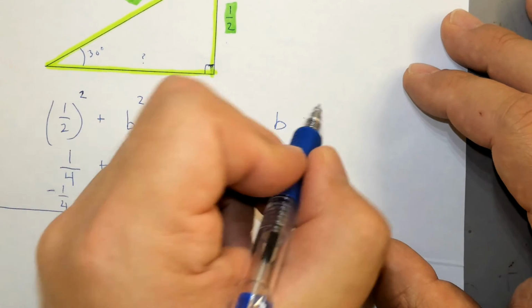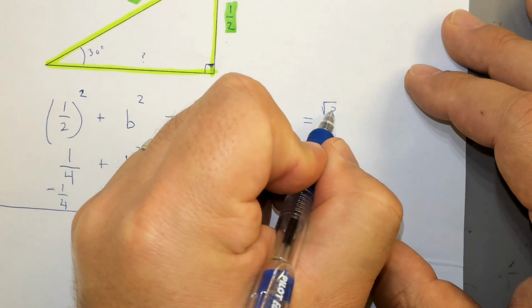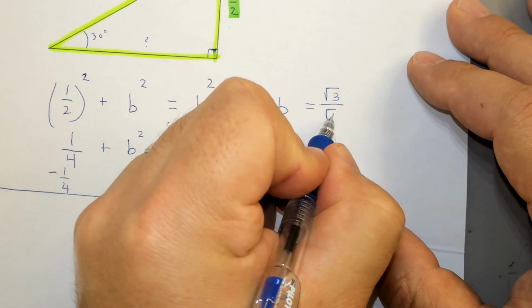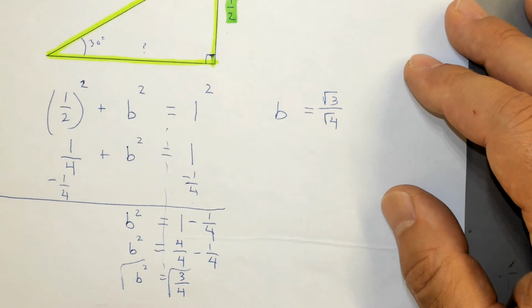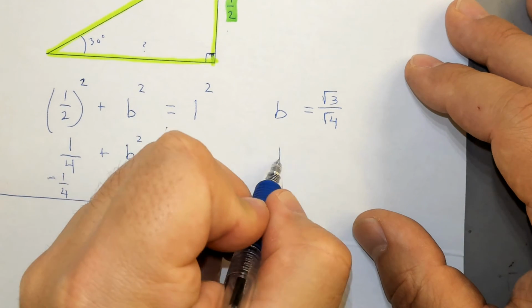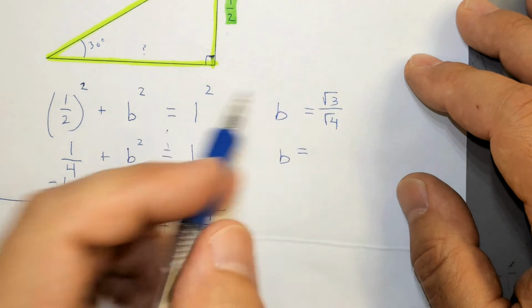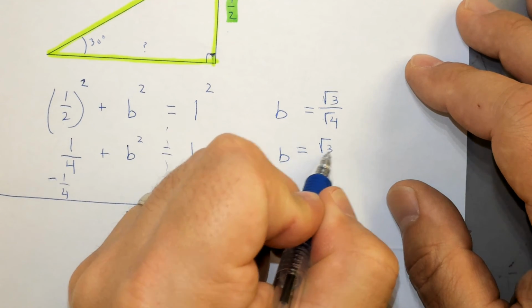So we're going to say square root of 3 over the square root of 4. So b is equal to, what's the square root of 3? We're going to leave that alone there.